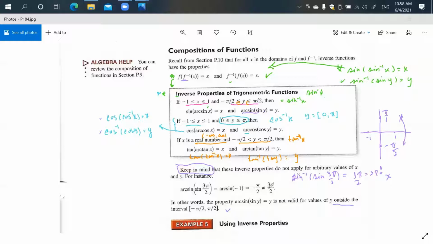So in this case, not equal. Even though there is a coterminal angle, minus pi over 2 here, they are not equal either. Now we go to the next example, and you review one more time for each condition.